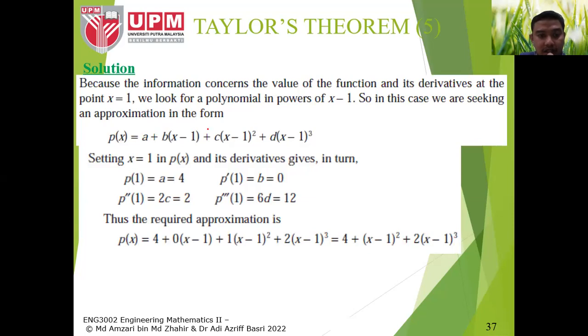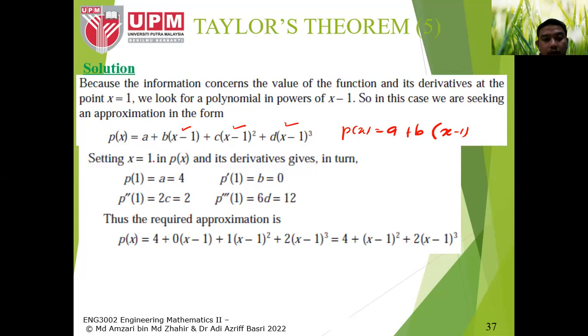When we create the function, we know that we get P(x) equal to a for the first term, then b times (x minus 1), because when x is equal to 1, 1 minus 1 becomes 0, everything becomes 0. So automatically you get the a value. So you will get bx minus 1, c(x minus 1) squared, and d(x minus 1) to the power of 3.